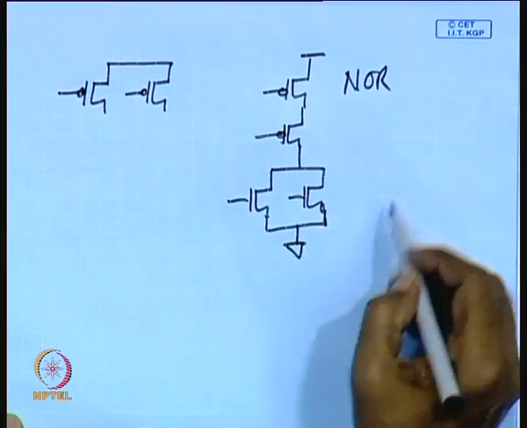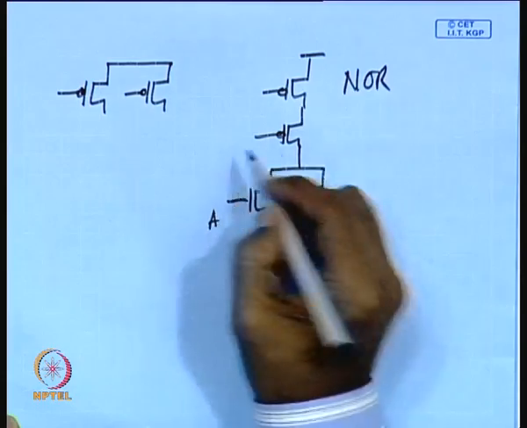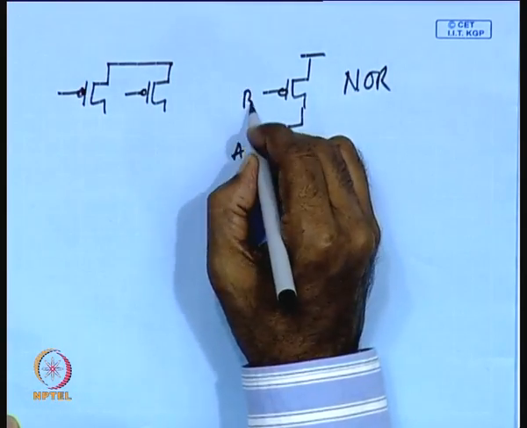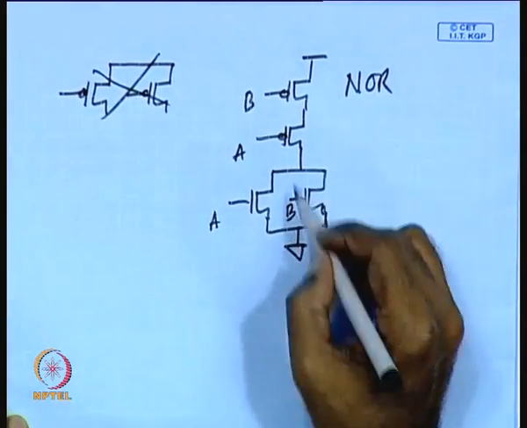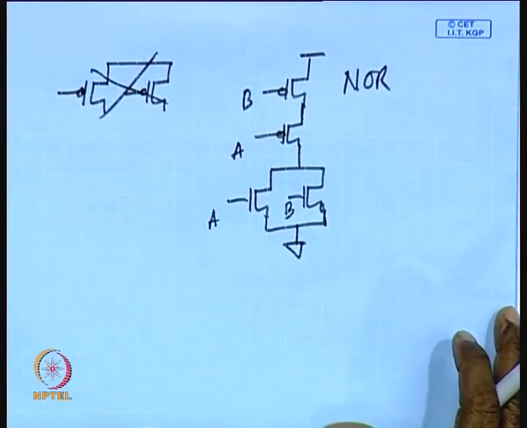You apply A and B here. So, this is the NOR gate that you can realize by the non-adiabatic technique. You have to convert it into an adiabatic circuit.